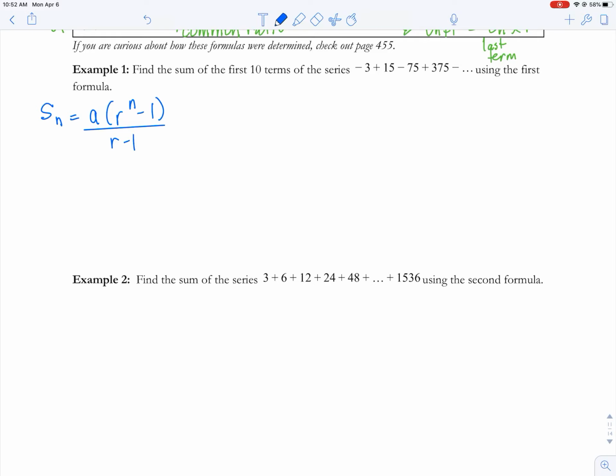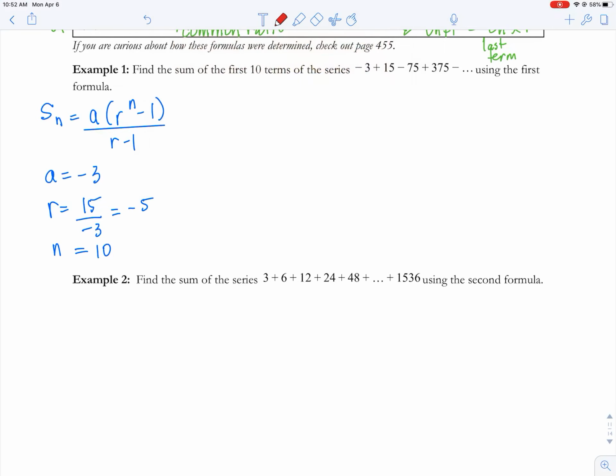And in this case, we know our first term, A, equals minus 3. The common ratio we get by taking the second term divided by the first term. So that's minus 5. And then n, they've told us it's for the first 10 terms.